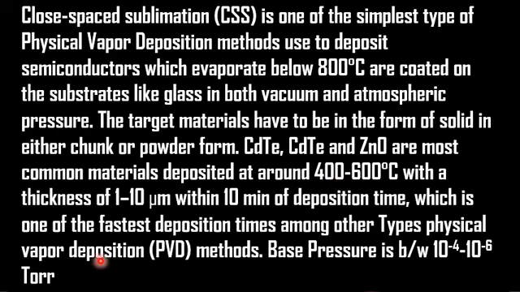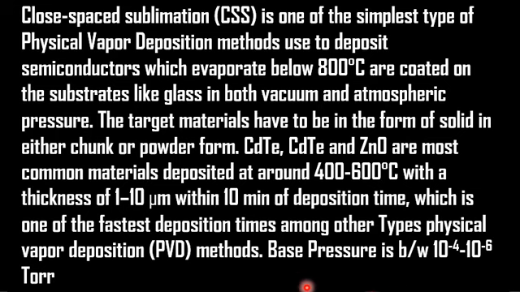You can deposit thicker films, around 1 to 10 micrometers, using the closed space sublimation process, and the time of deposition is around 10 minutes. This means that closed space sublimation is relatively faster than the other physical vapor deposition techniques available.